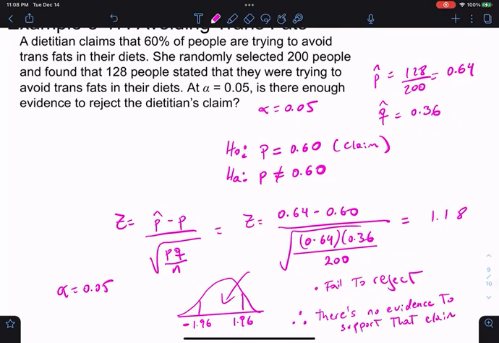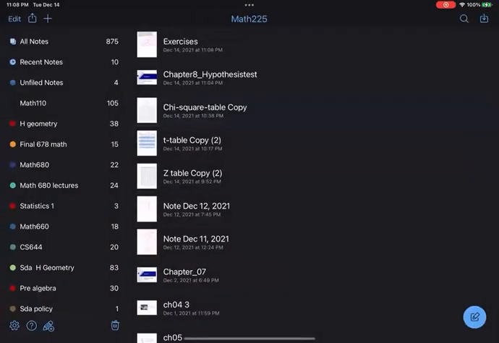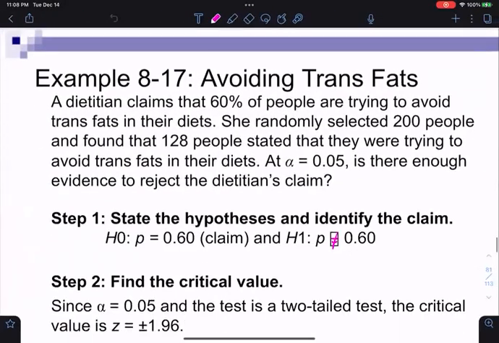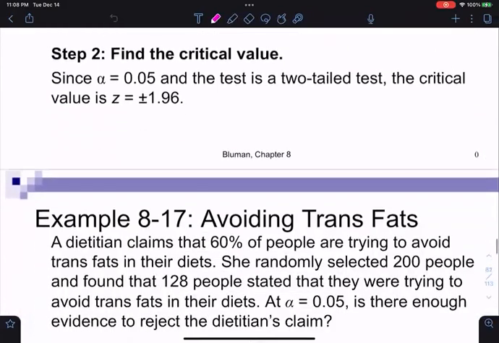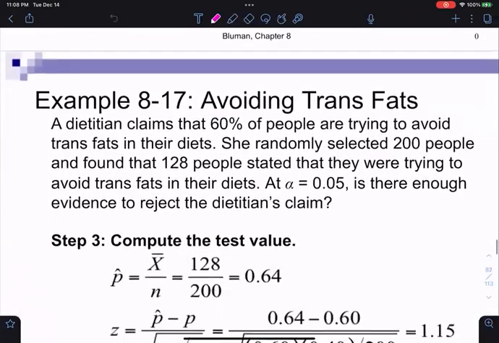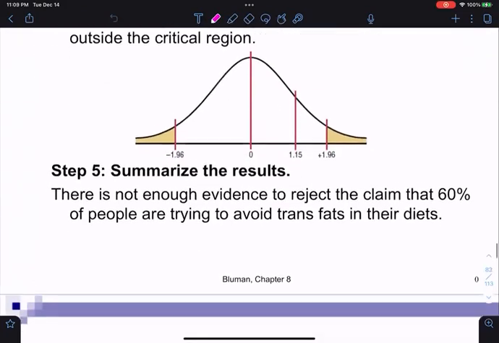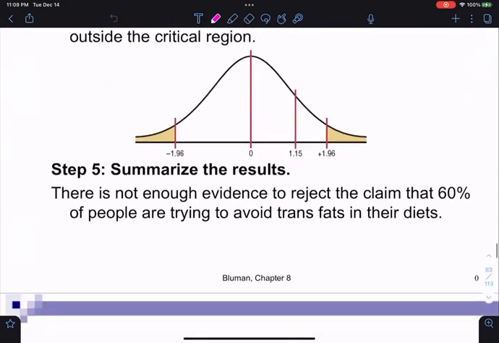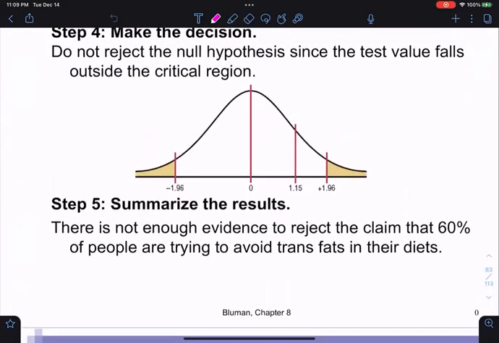That's what you're supposed to say at the end. Or you can say there's not enough evidence to reject the claim, which is the same thing.